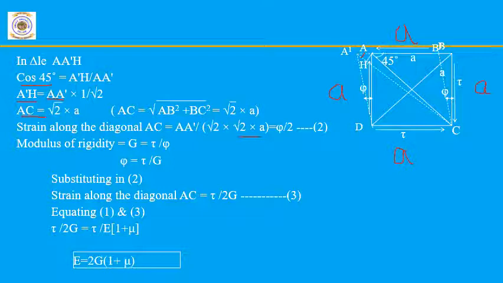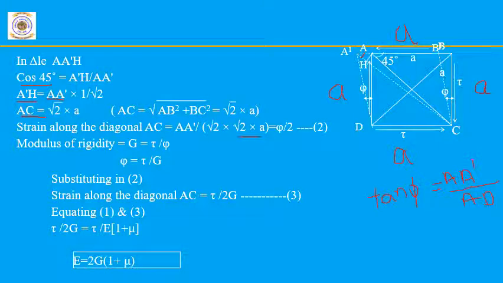From the triangle DA dash A, tan phi can be written as opposite side by adjacent side. So opposite side is A dash, adjacent side is AD.